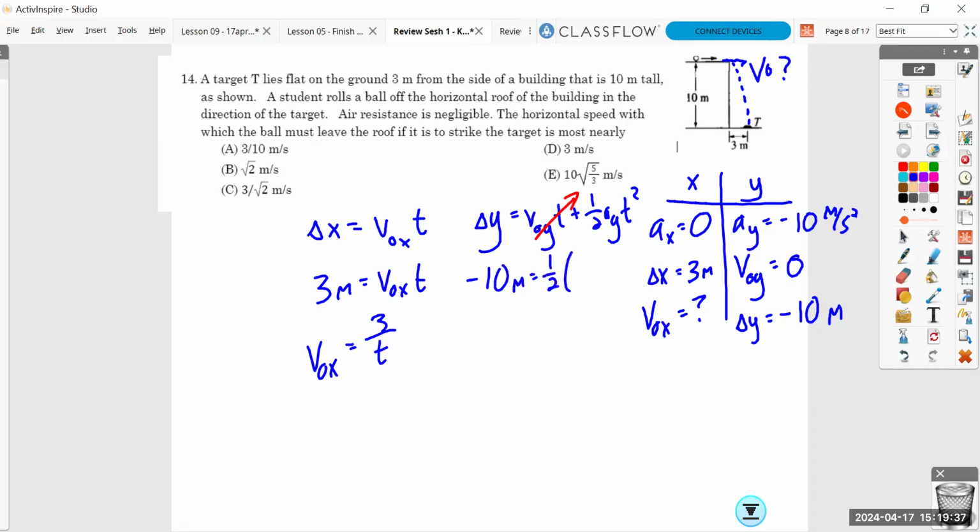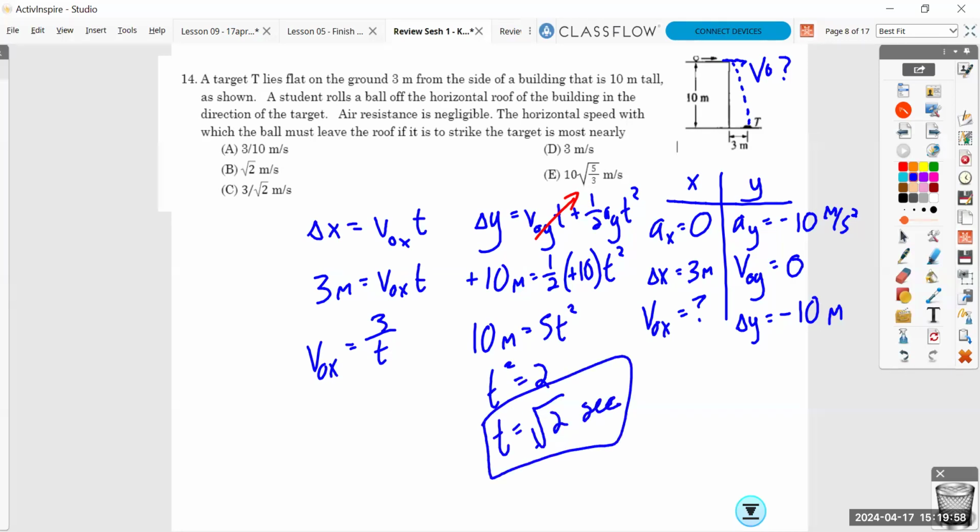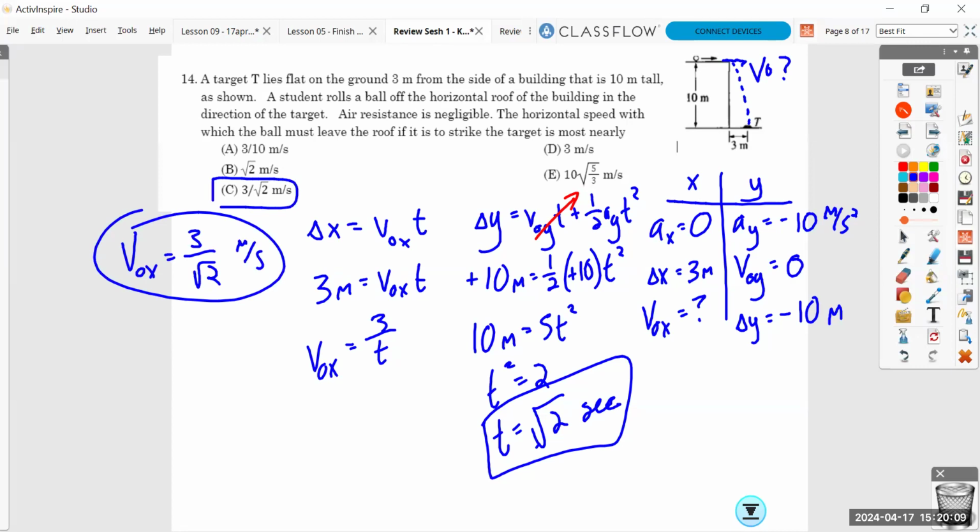This is 1/2 times -10 t squared. Of course, if I've got a negative on both sides, I can just make it positive. So I've got 10 meters equals 5 t squared. T squared is going to be 2. So how long does it take to hit the ground? It takes root 2 seconds to hit the ground. Which means what velocity do I need? 3 over root 2 meters per second. There we go.